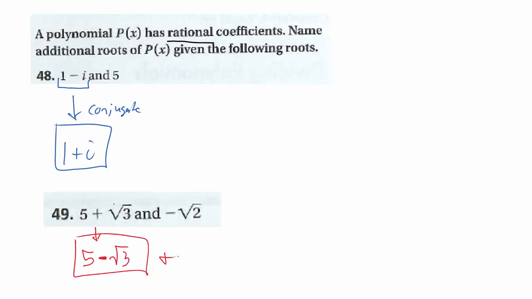So we know that's going to be an additional root. And negative square root of 2 is really 0 minus square root of 2. So that means that positive square root of 2 would be the conjugate of that. So we know that these two other numbers would also be roots of that polynomial.